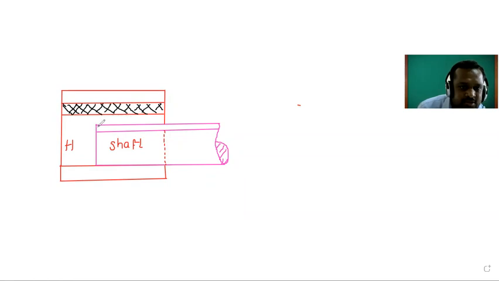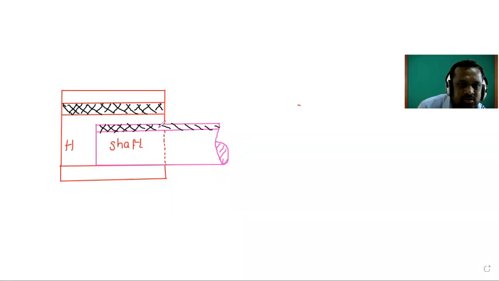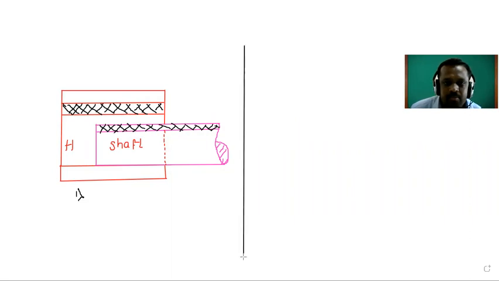And this is the tolerance zone for the shaft. Okay, this is condition number 1. Then the next figure I will also draw immediately.